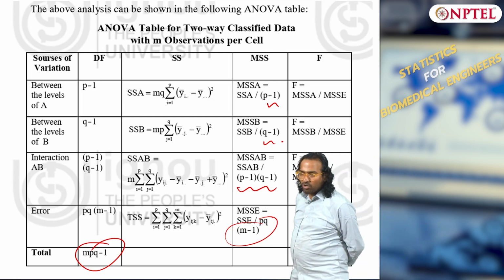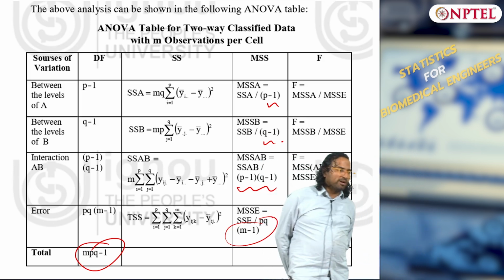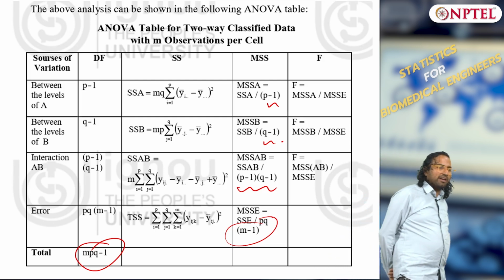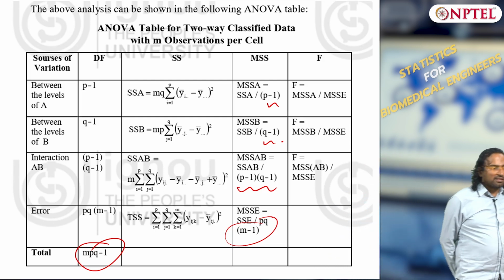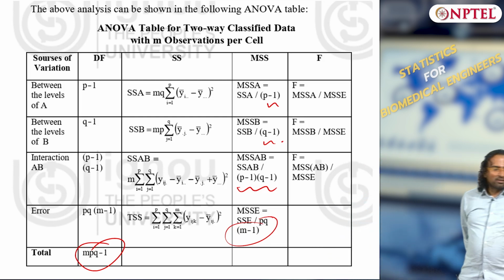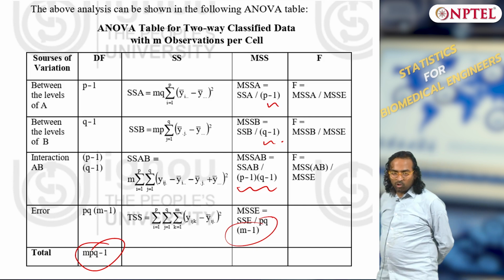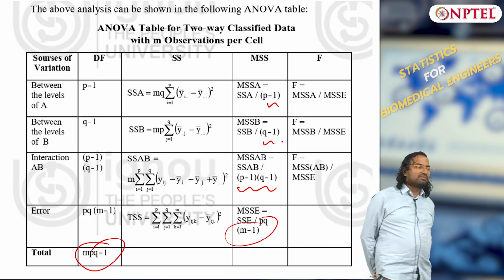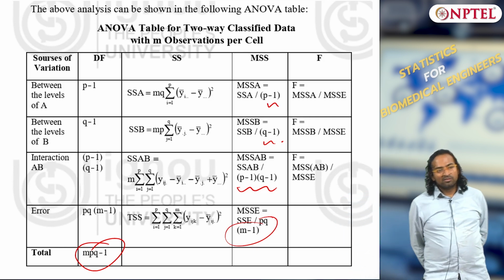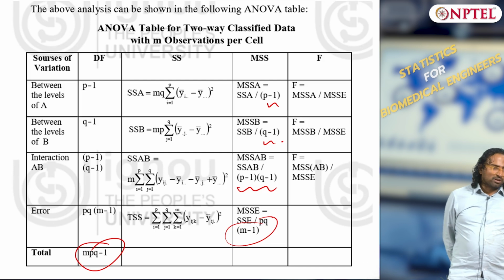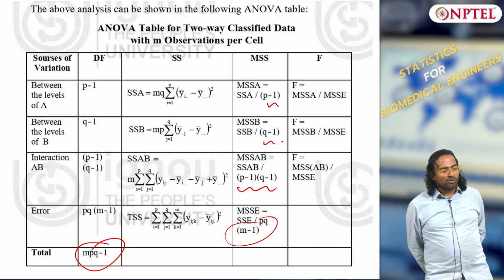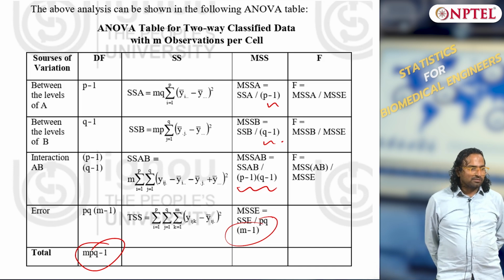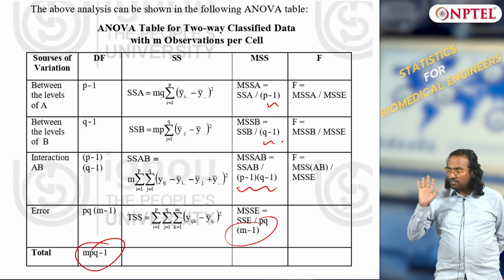It is 3 minus 1, and for B it is 2 minus 1, and for AB it is 3 minus 1 into 2 minus 1. And for error, total degrees of freedom is how much? 3 into 18 minus 1, 17. Okay. So you know the error degrees of freedom, you can calculate, right. All degrees of freedom is fixed.